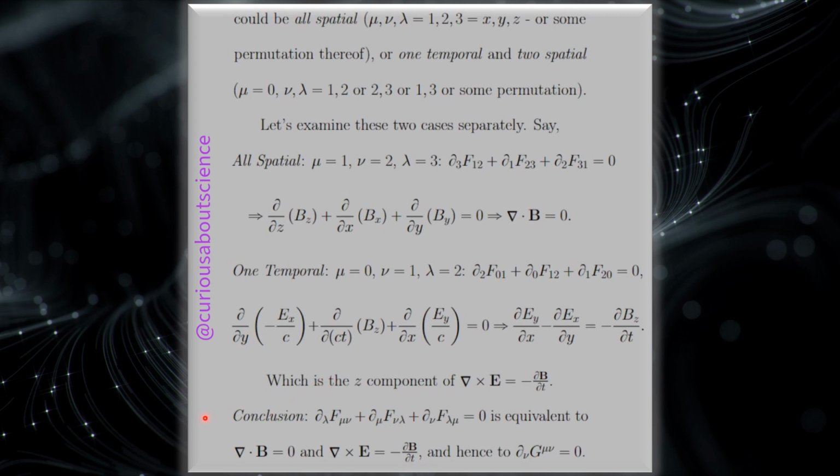So what we can conclude is that this does equal 0 is equivalent to the homogeneous side, which is the divergence of B, or nabla dot B, and then the curl of E is equal to the negative time derivative of B, and hence we could show that the derivative of the dual tensor leads to 0 too.